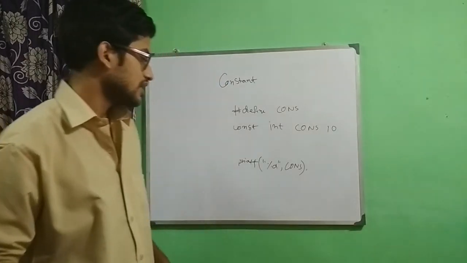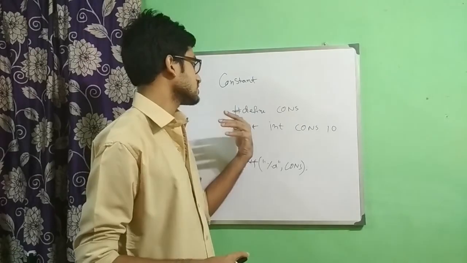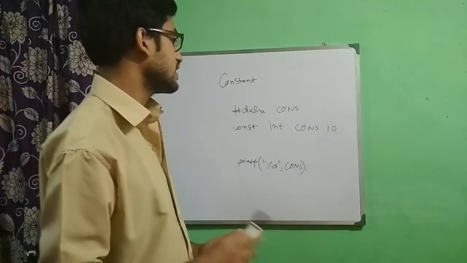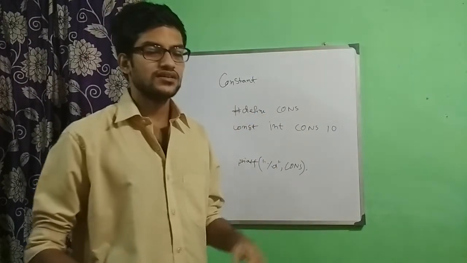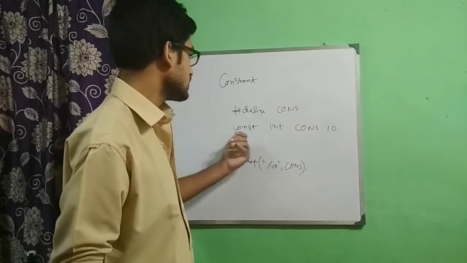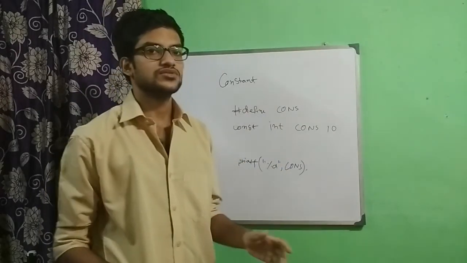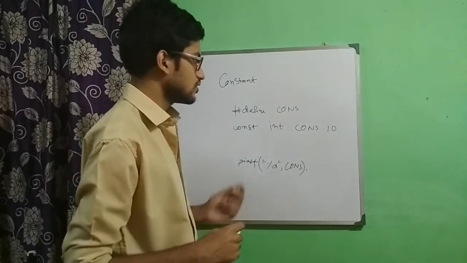one more thing to be noted: in case of the preprocessor hash define, and when I am using const int cons 10, these are the only two methods we have to declare constants.